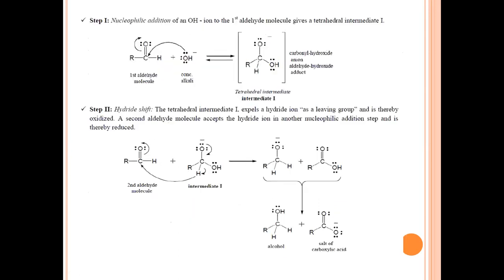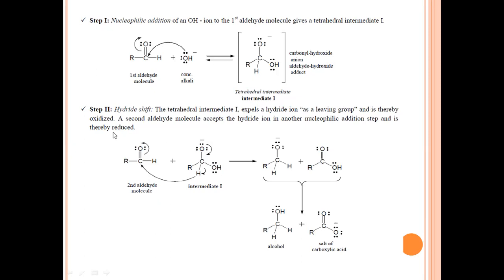Now the nucleophilic addition of hydroxyl ion on the first aldehyde. So the mechanism of the Cannizzaro reaction is that the base molecule will act upon the electron deficient carbonyl carbon atom to form the tetrahedral intermediate. And this tetrahedral intermediate expels a hydride ion as a leaving group and it is thereby oxidized.